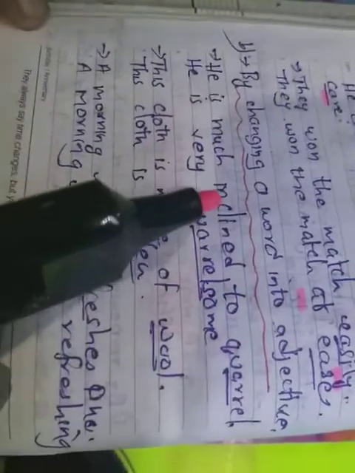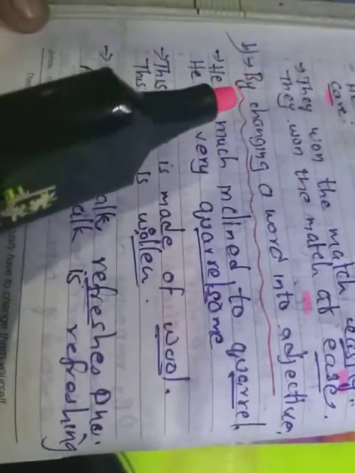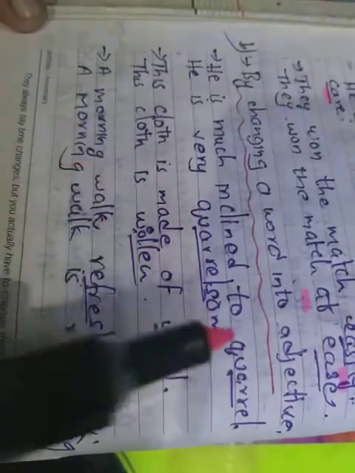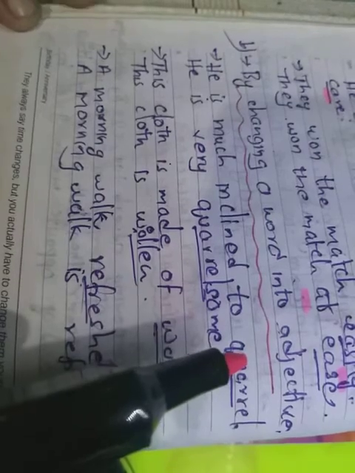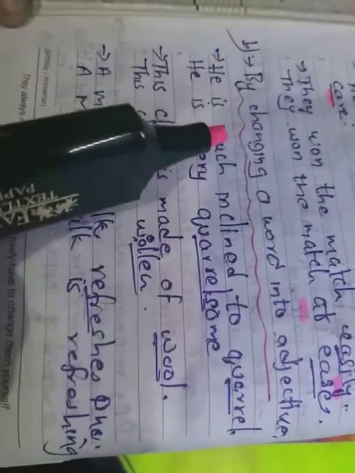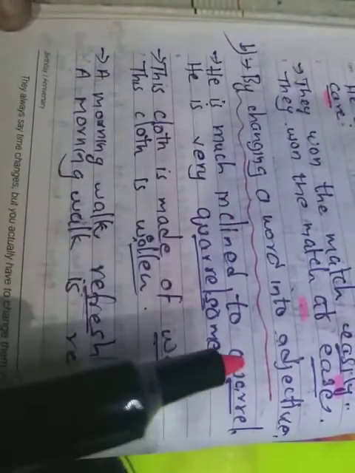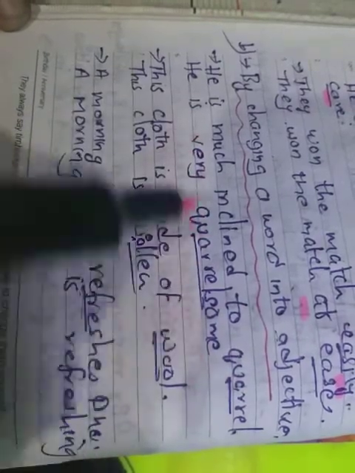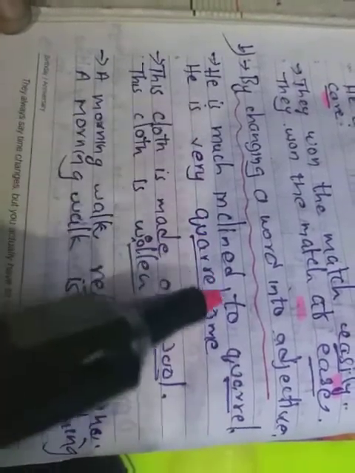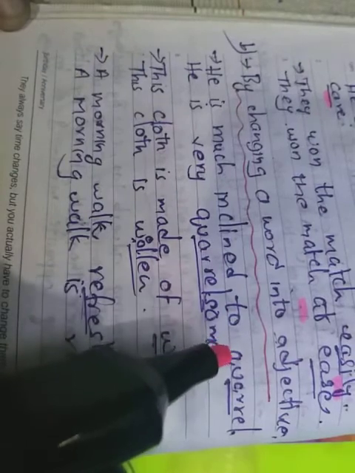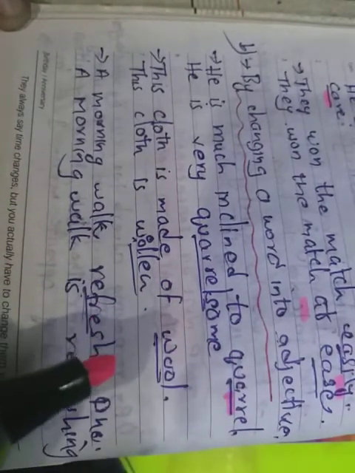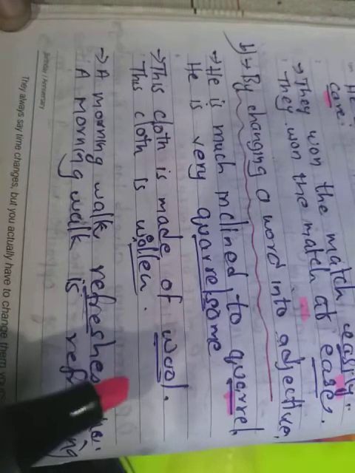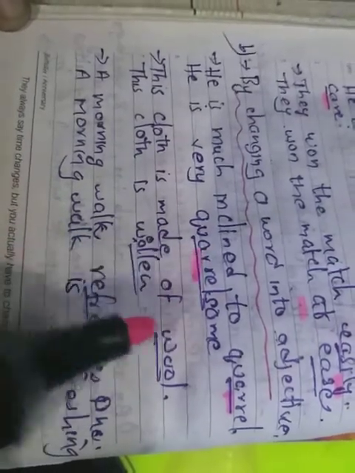Now the next question goes as changing a word into an adjective. Okay, you know what an adjective is? Qualifying a noun. The basic things you should know. So, changing a word into an adjective, the underlined word will be in: he is much inclined to quarrel. The word quarrel here is to be converted into an adjective.